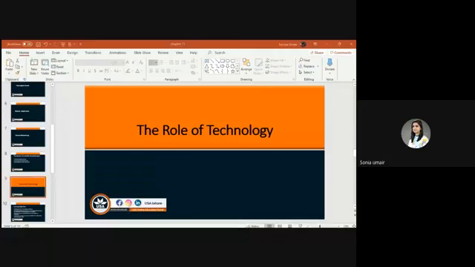Before moving to this lesson, let's have a quick recap of what we did in our last lecture. We were talking about technology, where we learned that technology is a broader term that refers to the application of science and knowledge to commercial and organizational activities. We also talked about the different phases of technology, where we learned that there are six phases.